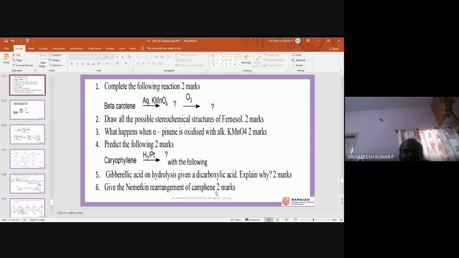That means a migration of a methyl group, a 1,2 shift, is called Wagner-Meerwein rearrangement. Just mentioning that a 1,2 shift of a methyl group is called Wagner-Meerwein, teachers won't accept that, but you have to take an example and write that. I will explain all these questions and answers in the next slides.